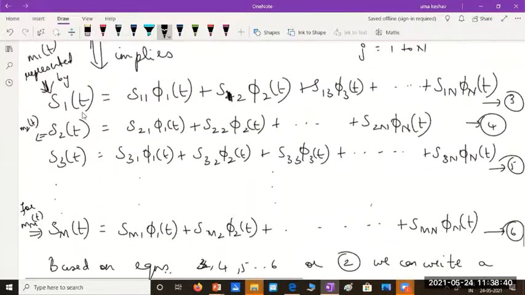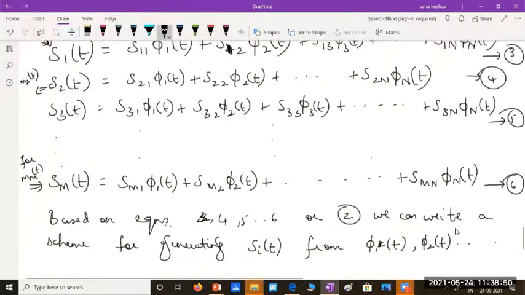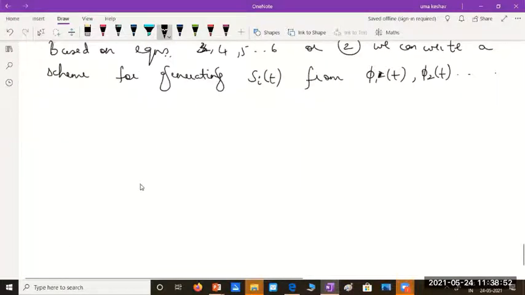You have these equations here, S1, S2. How do I get S1? I have to have the basis functions phi 1 till phi n. So let me have some basis functions. Phi 1. I'll take phi 1 and multiply it with Si1.